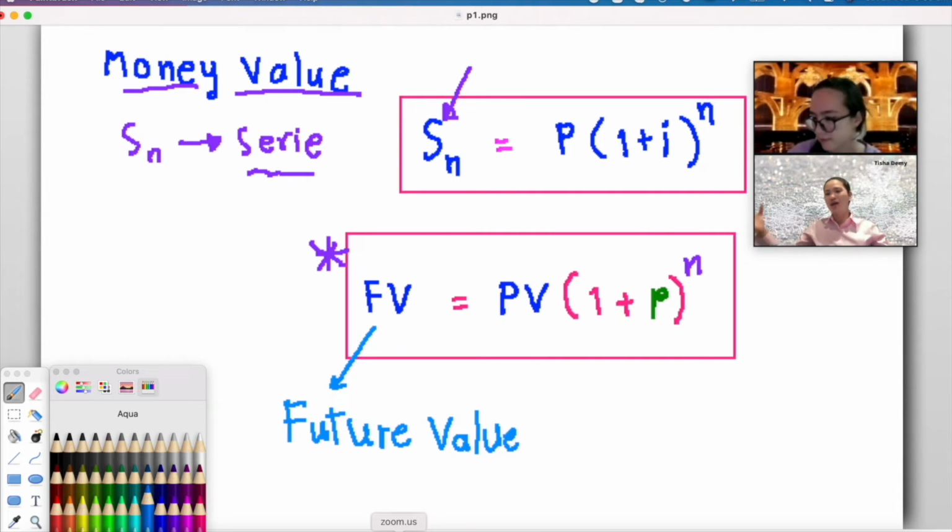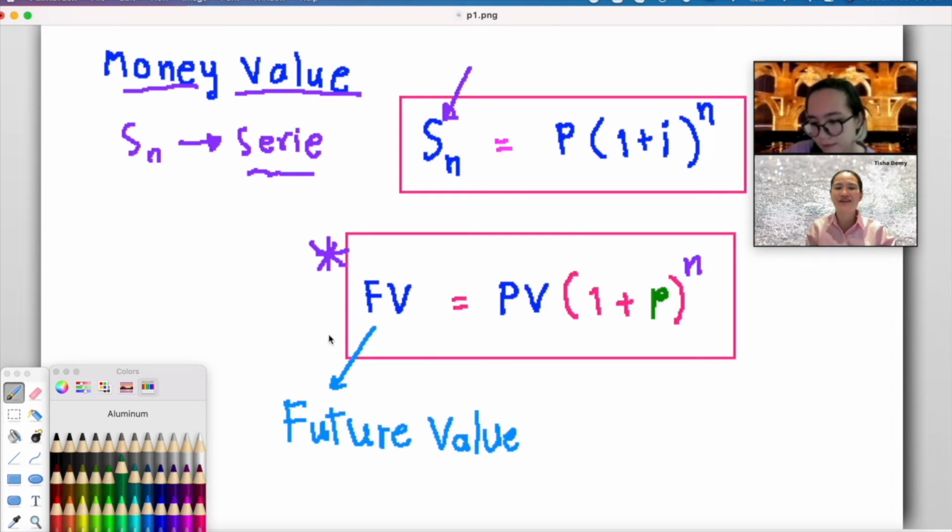Future value. For example, I have $100 today. But if I put it in the bank or I buy stock or shares, what is the money going to be in the next 10 years if I get a profit of 10% per year? Something like that.